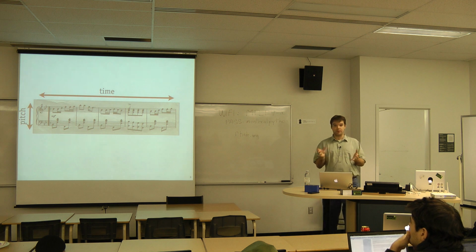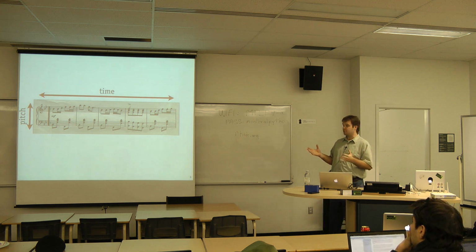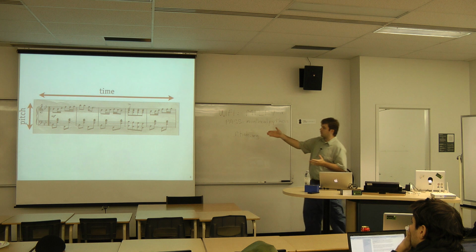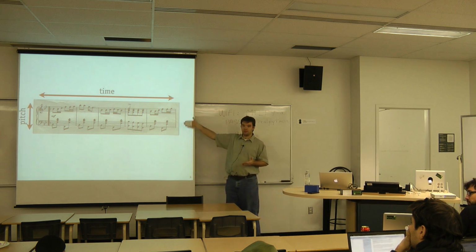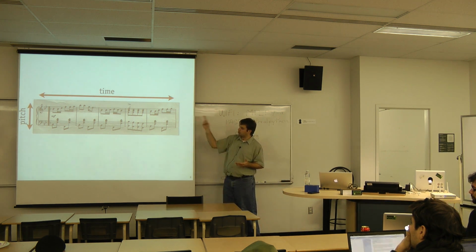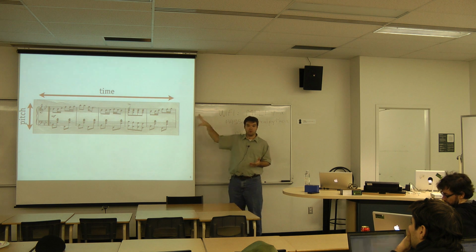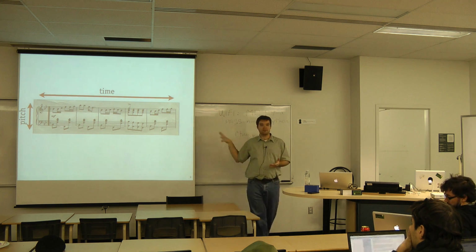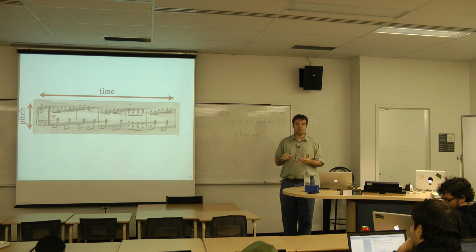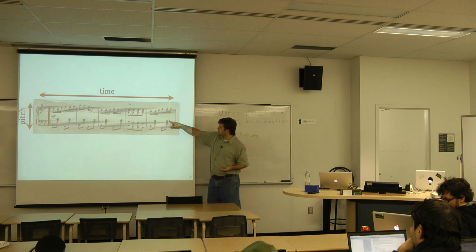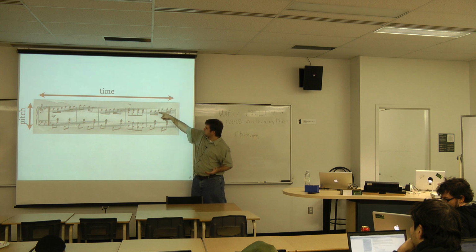Well, first of all, unlike text, you have two dimensions, where you have pitch on the vertical and time on the horizontal. You have a whole bunch of different things happening at the same time. So you have chords here. These are all different notes. You have things simultaneously happening up here and down here.